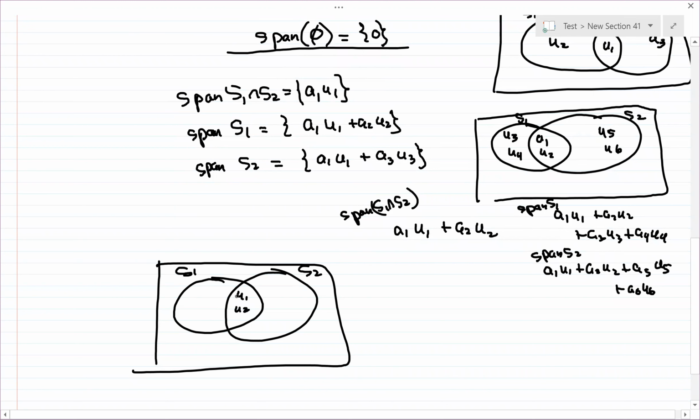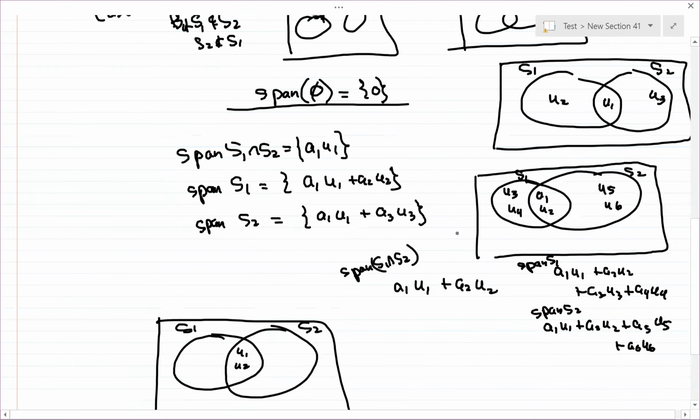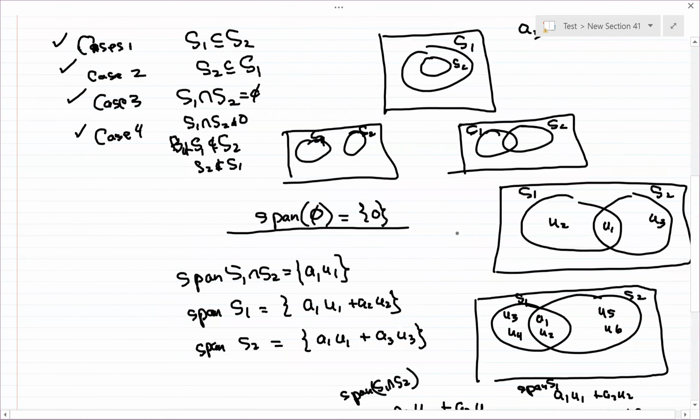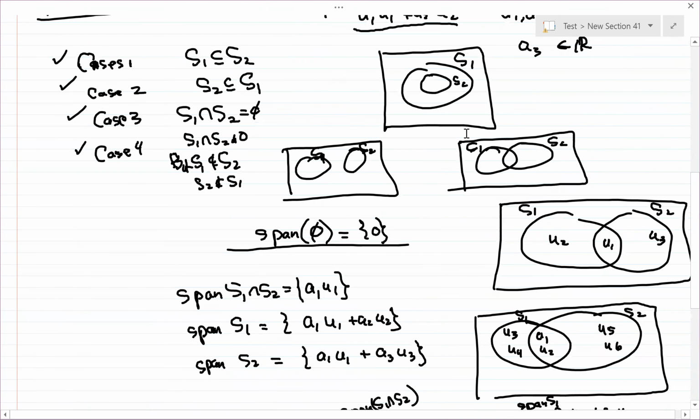Actually, let me see. What am I trying to get? I'm trying to get when this thing is bigger.